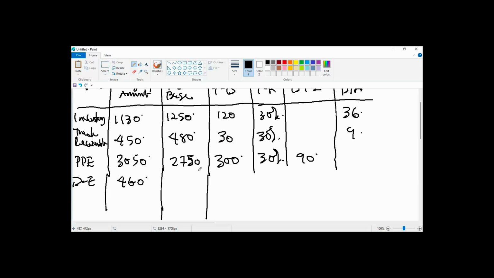Let me repeat again. You buy an asset worth 100,000. You charge depreciation of 20,000. But the tax people say they will give you 100% of the cost of the asset in the year of purchase. What is going to be the tax base?